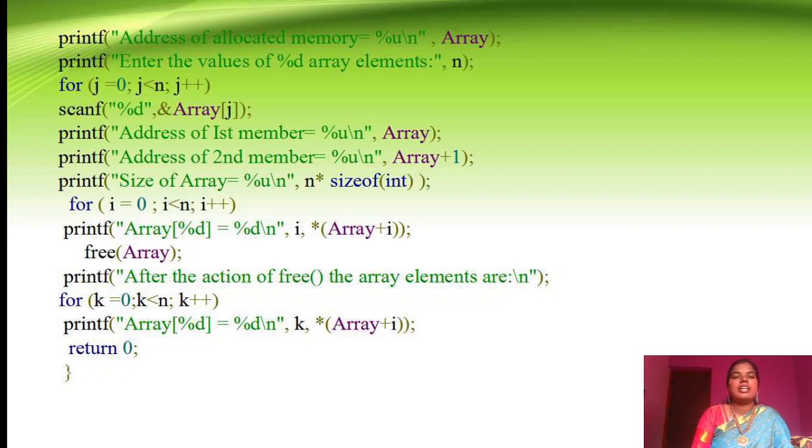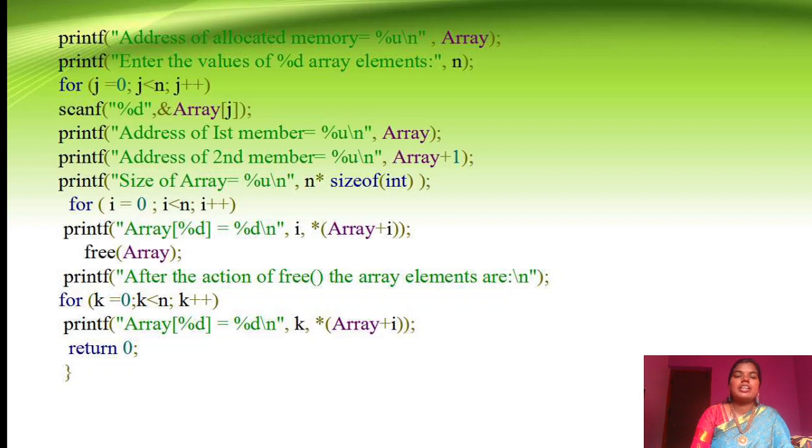Then printf address of first number, then printf address of second number, array + 1, then size of array, that is %u, n * sizeof(int). Then for i = 0, i < n, i++, printf array[i], that is *(array + i). That means here we will be printing the array elements.